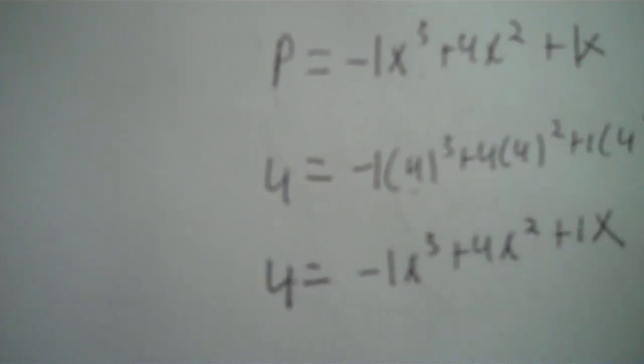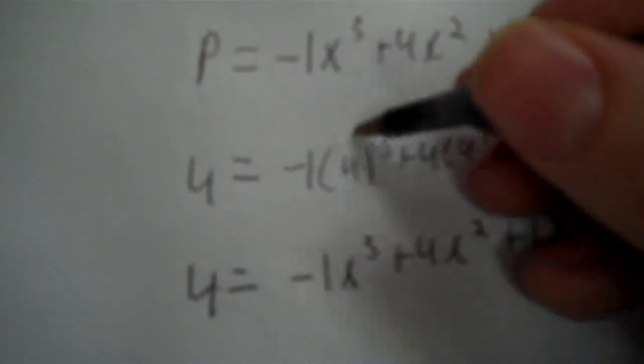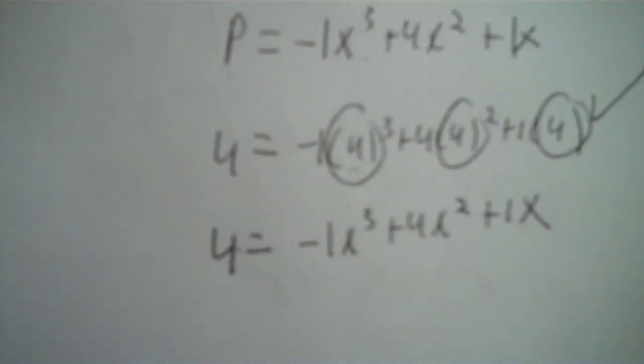So negative 1x to the third plus 4x to the second plus 1x. So there's 3 roots, but we've already been given the first one. First one was 4. It's what I put in just a second ago for x. Okay. Again, that's your first solution.